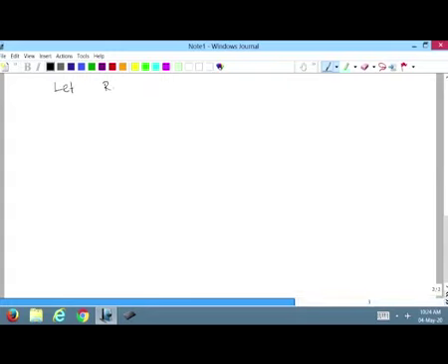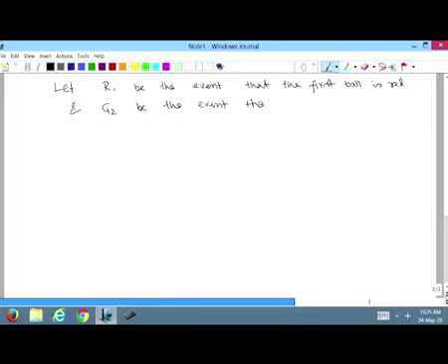Let R1 be the event that the first ball is red, and G2 be the event that the second ball is green.